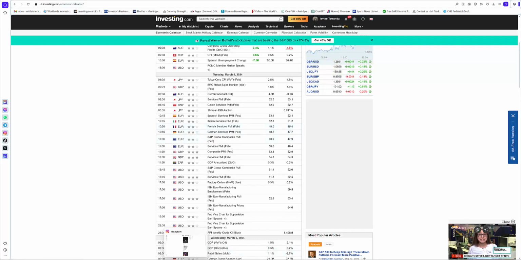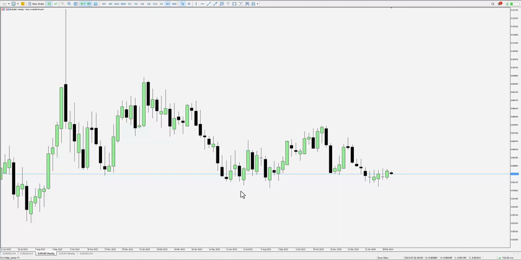So with negative euro PMIs, you're going to see pound gaining strength against euro. With positive PMIs, you're going to see euro gaining strength against pound.